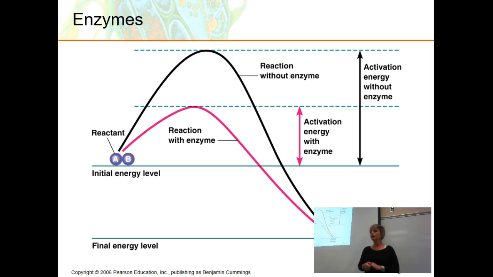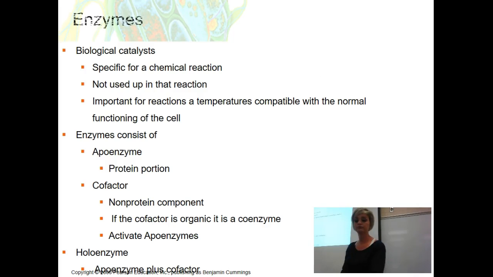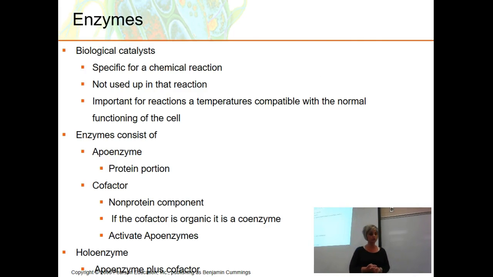And the pinkish magenta line is that exact same reaction, but with an enzyme. So it happens faster and it utilizes less energy, which is something that we, as microbial species or humans, want to happen.